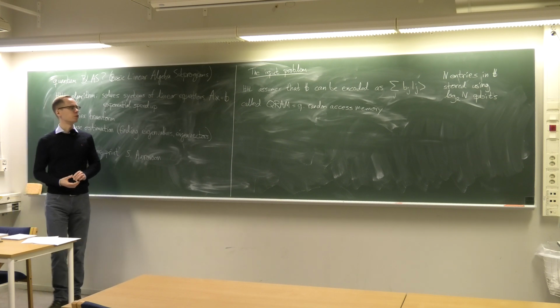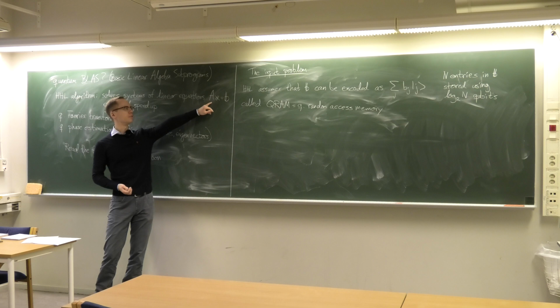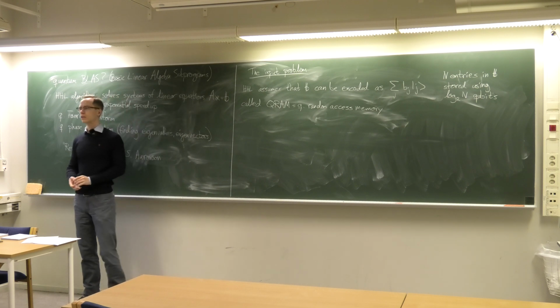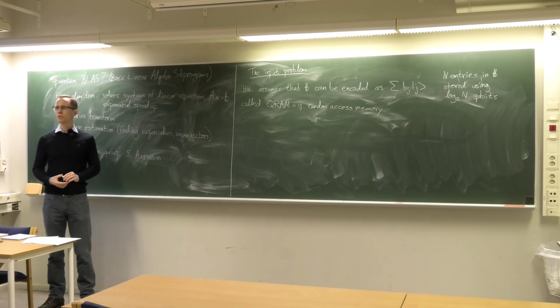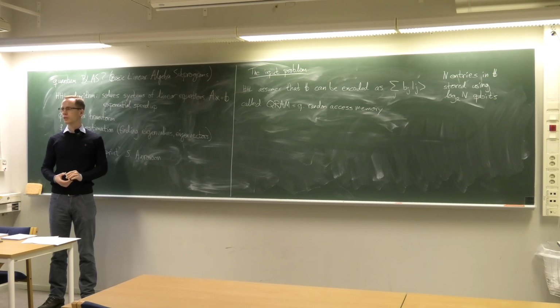There can be also different properties of this matrix A here, and not only the size but also what's called the condition number, which also comes into how fast the algorithm actually is. So there are examples.